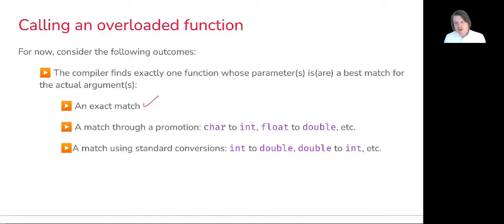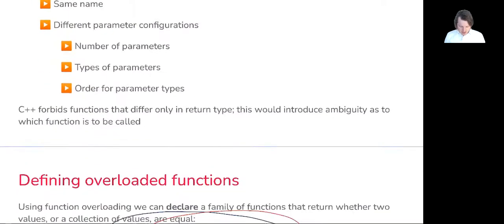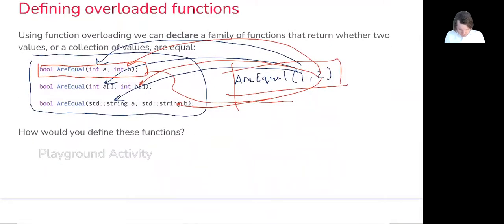What if the parameters don't quite match? What if there's not a best match? The compiler will then check to see whether or not a match can be made through a promotion. For instance, if we were to call our r equal with two characters, both of these character values, or their types rather, can be promoted to an integer.